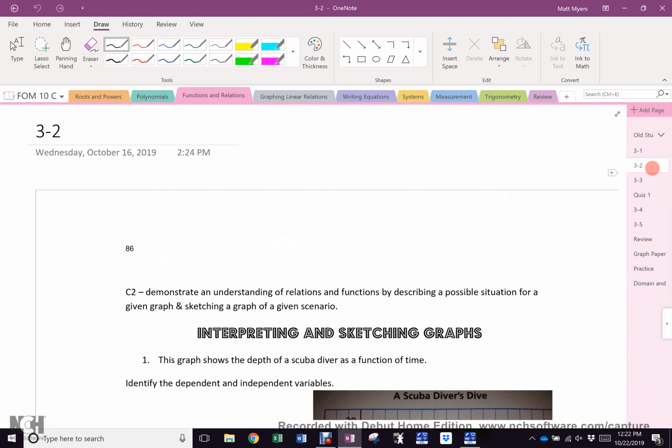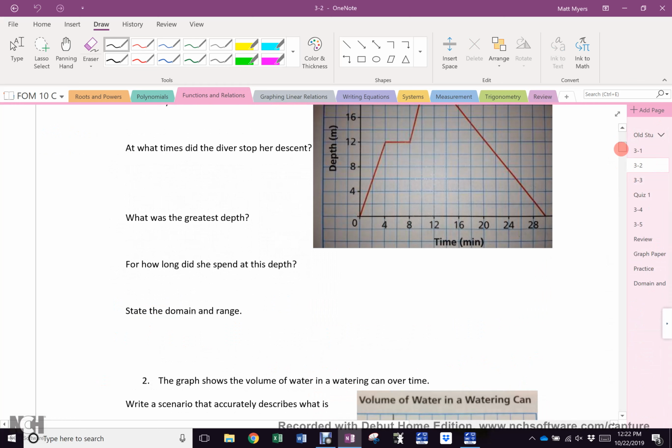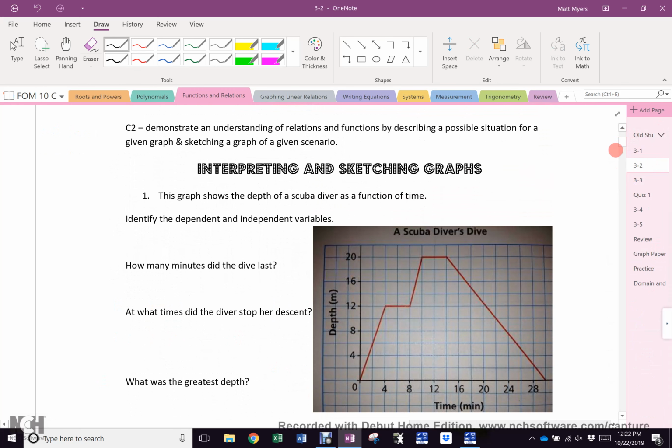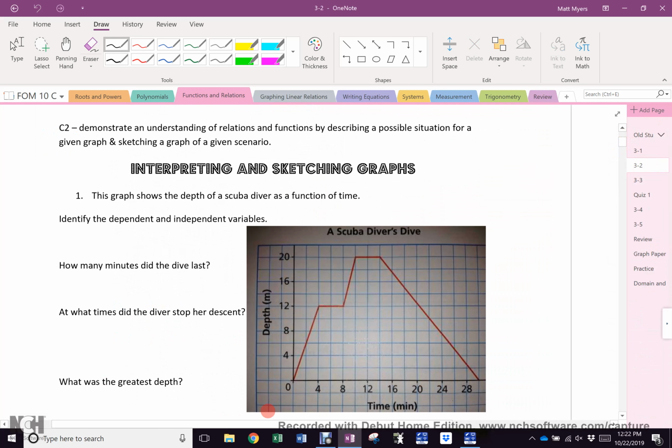So now we move it along to page 86. Now, there is a crap ton of math going on in this first question. Half of it you already know. Half of it is new. So let's talk about the stuff you already know.